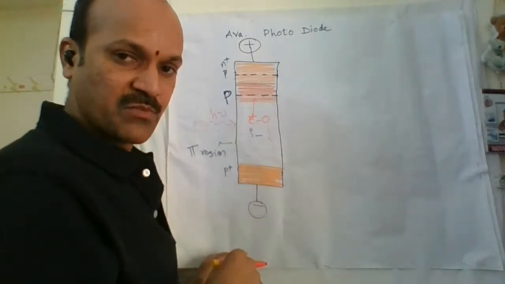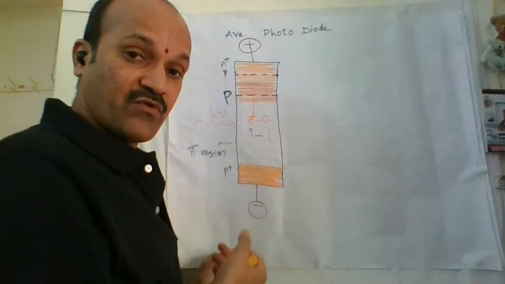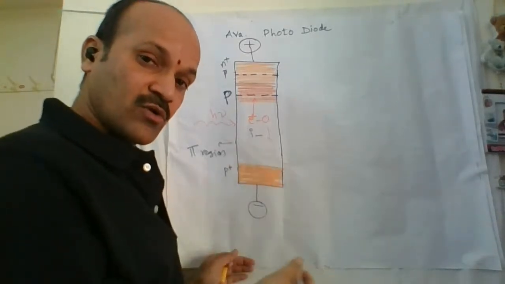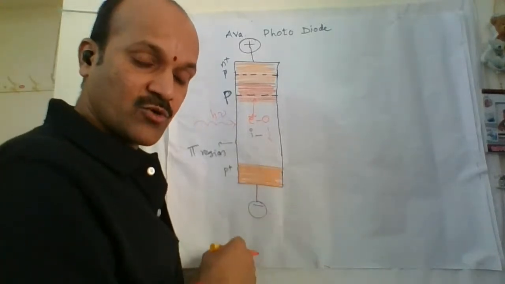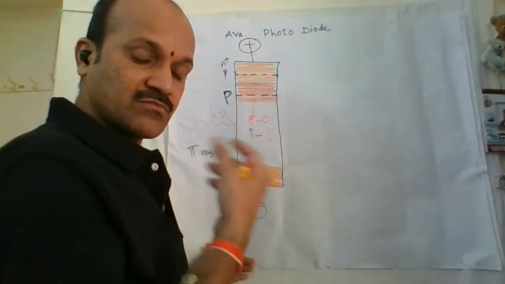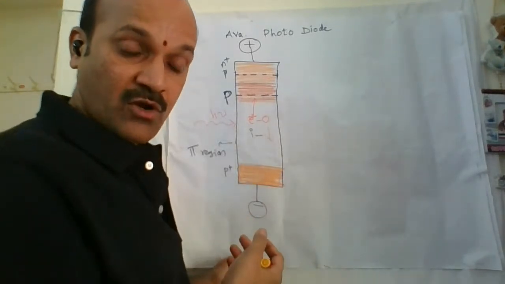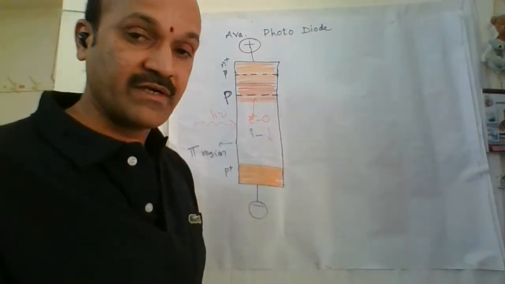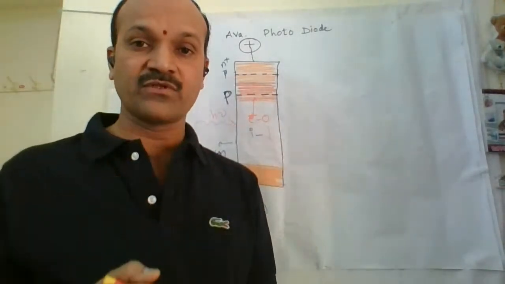That is, ionization takes place. Due to many such collisions with lattice atoms and other electrons, more electron-hole pairs are generated in this region, and that causes current flow in the circuit.